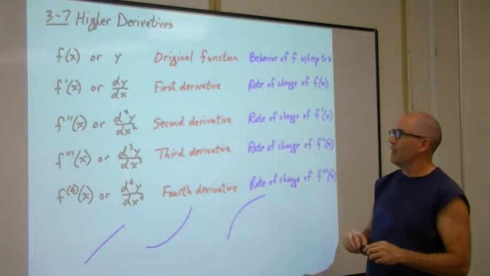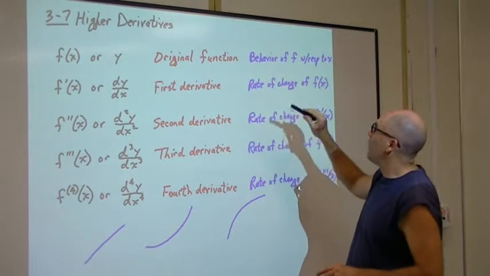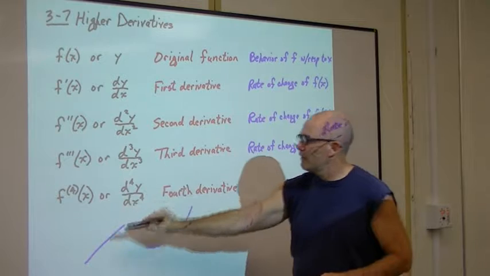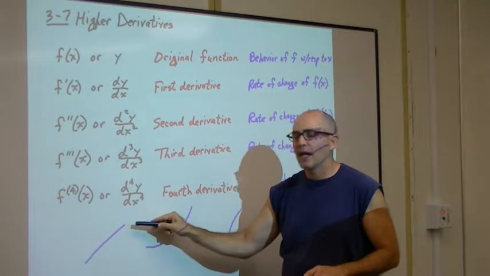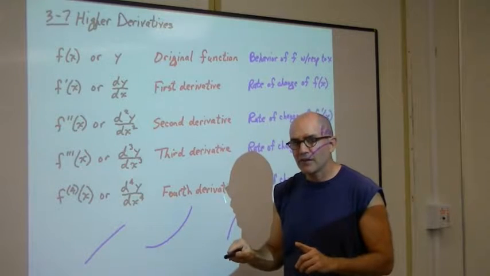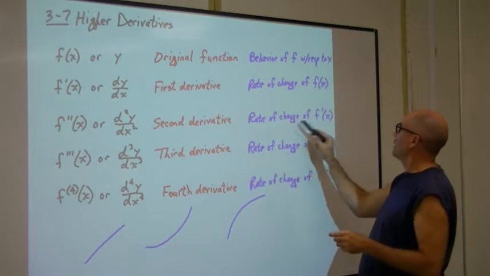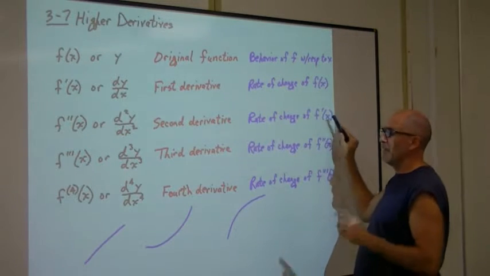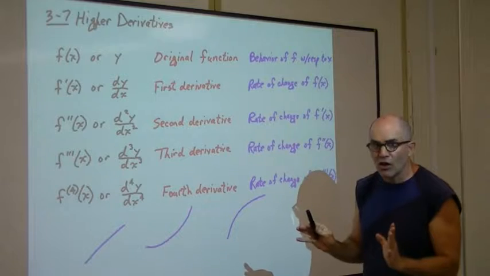So the first example is an example where the first derivative is a positive number. The second derivative equals 0. Why? Because the rate of change of the first derivative is 0. The first derivative is not changing at all.